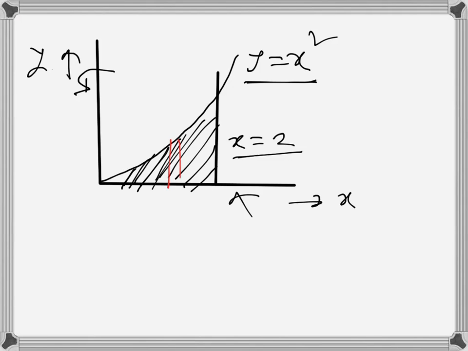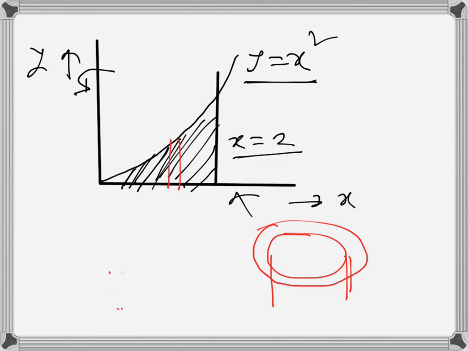In the previous video we found the volume using the cylindrical shell method, because if we take a small section here and revolve it around the y-axis, we get something like a cylindrical shape. This is probably not a very good drawing, but basically a cylindrical shell with a thickness of dx.